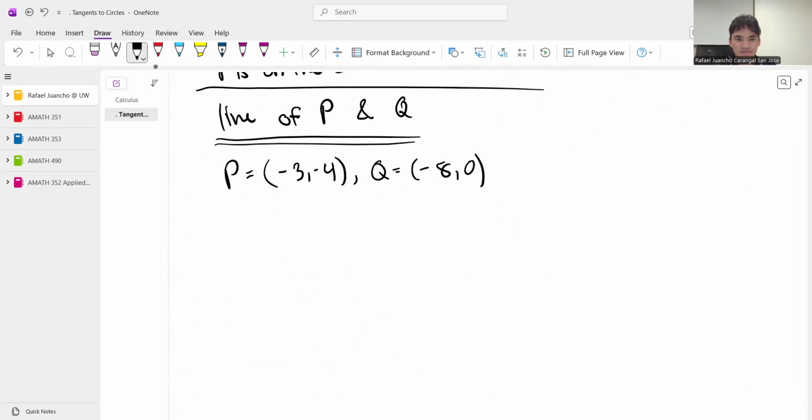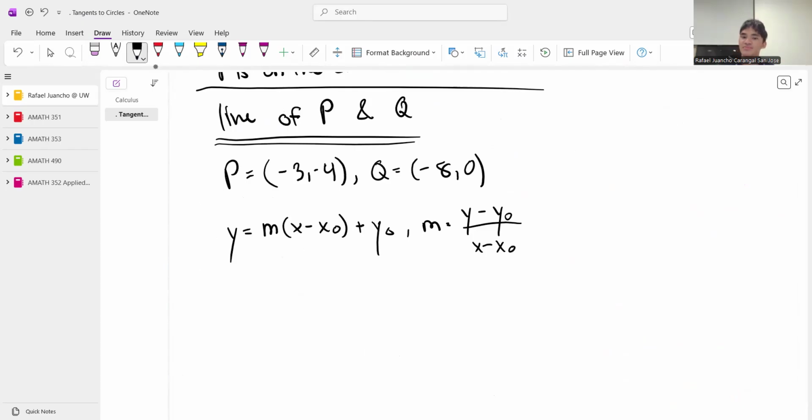We would have y equals m times x minus x naught, plus y naught, where my m is y minus y naught over x minus x naught. So we just need to assign what's going to be x and y, as well as what's going to be x naught and y naught. So let's say this is x naught, y naught. This is x and y.